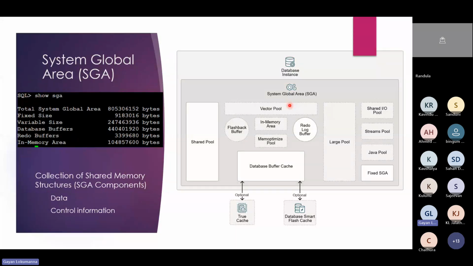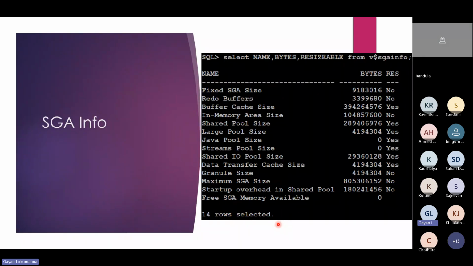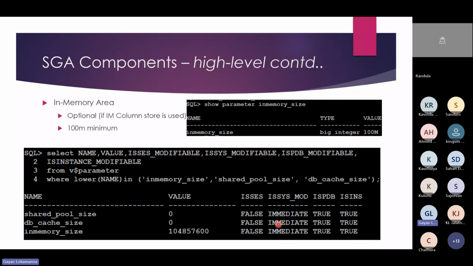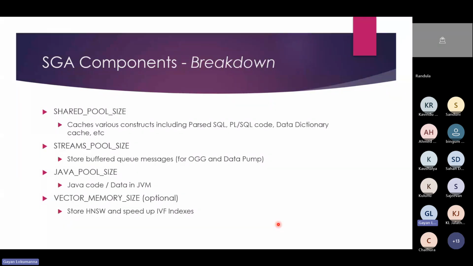Okay, so the first component that you are seeing is the shared pool. What I have highlighted here, or the points that I've given here, are the parameters representing those structures. For shared pool, we have a parameter called shared pool size. Shared pool size basically does caching of your SQL code. So when you run your code, you first have to convert that into machine readable form, and then it has to be compiled.